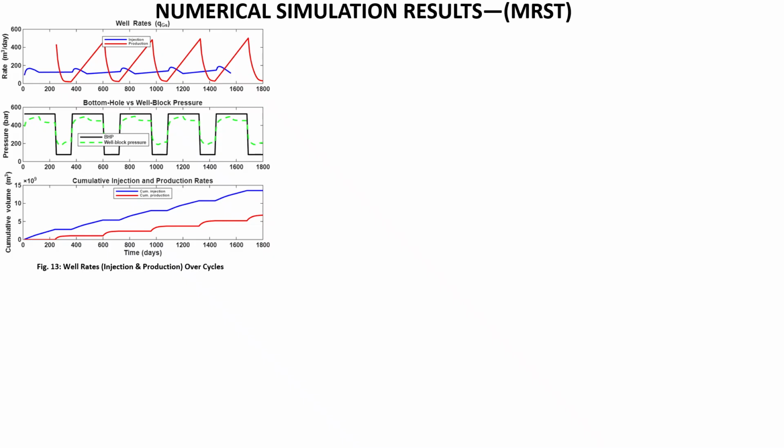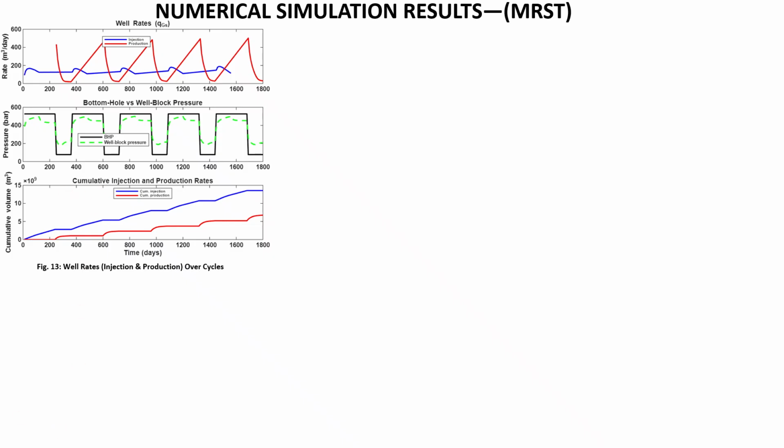The dashed green line represents the well block pressure, that is, the pressure in the reservoir cell connected to the well. We notice that the well block pressure lags behind the bottom hole pressure, and this is a poroelastic response, where the rock stores part of the pressure changes as deformation before the pore fluid fully equilibrates.